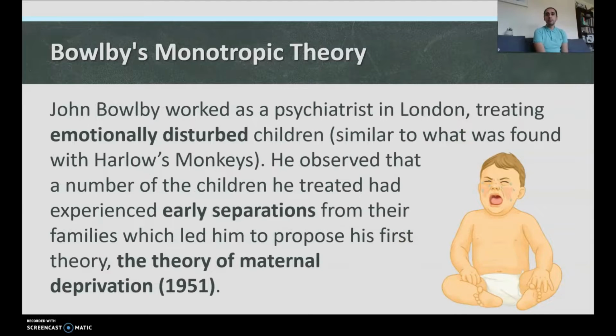John Bowlby worked as a psychiatrist in London, treating emotionally disturbed children, similar to what was found with Harlow's monkeys. Bowlby observed that a number of the emotionally disturbed children he treated had experienced early separations from their families, which led him to propose his first theory, the theory of maternal deprivation.